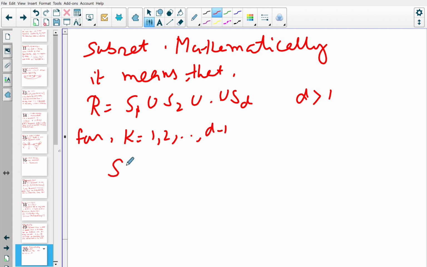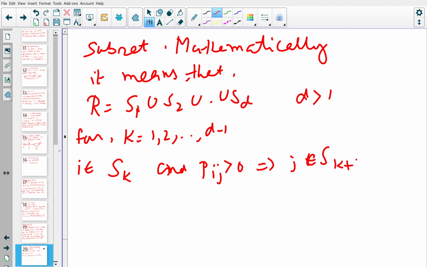if I is inside SK and Pij is positive, that means there is a positive probability that you can go from I to J, then J must be inside SK plus 1.